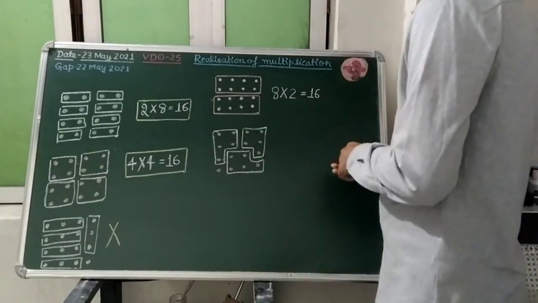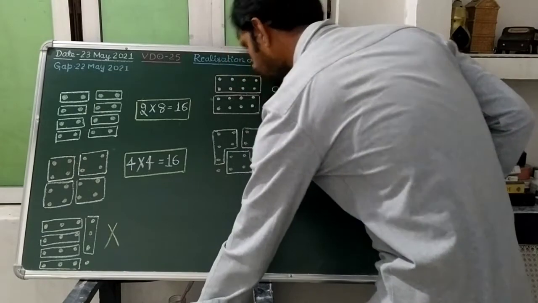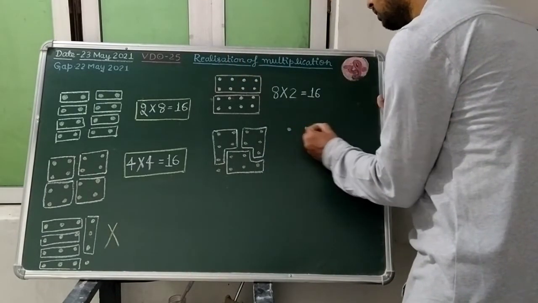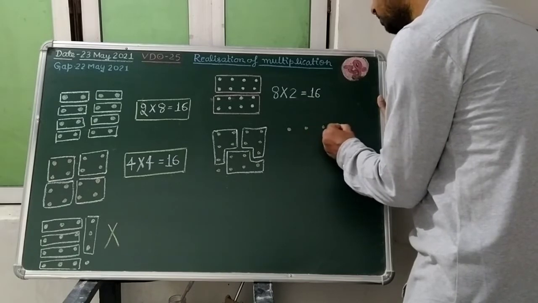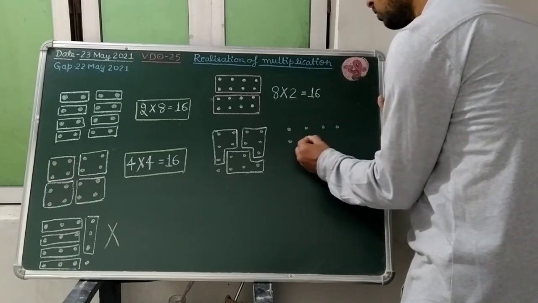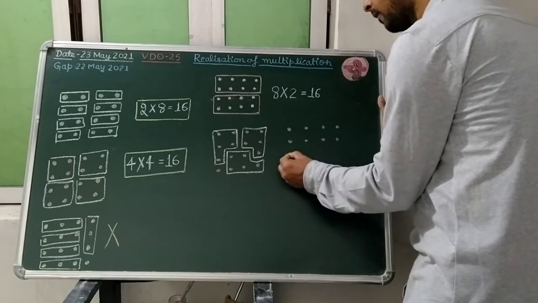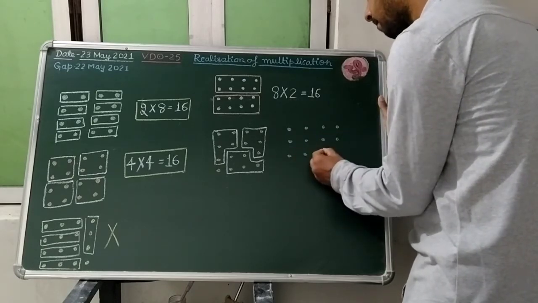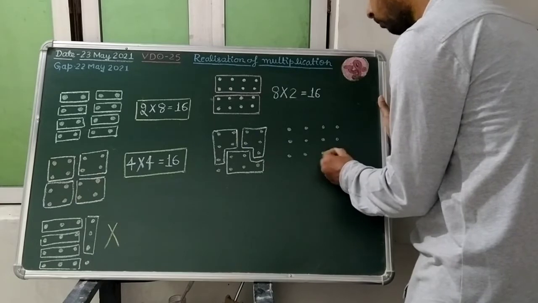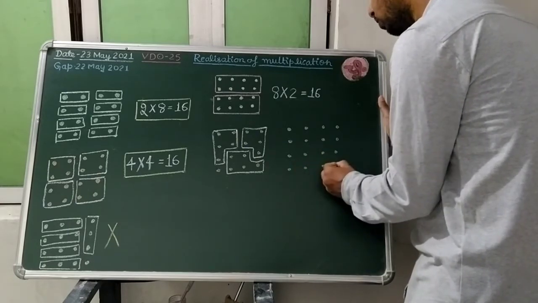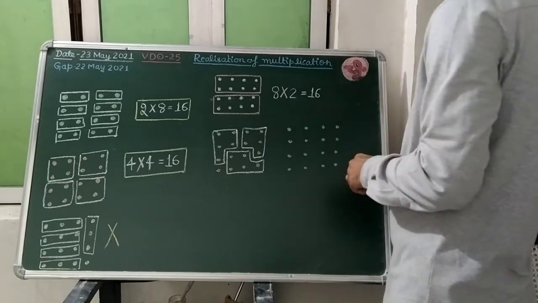And once again, if you want to try to make groups of 6 dots, what will you observe students? Now we want to group them in 6 dots.